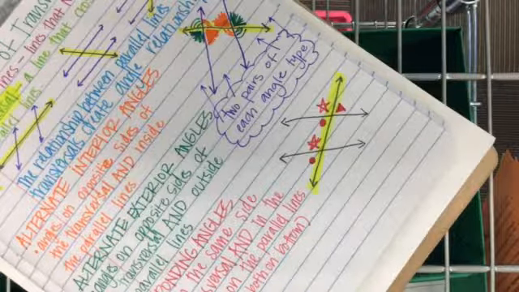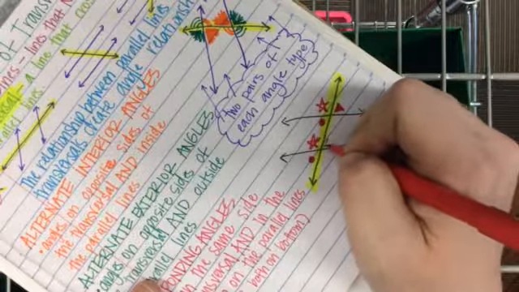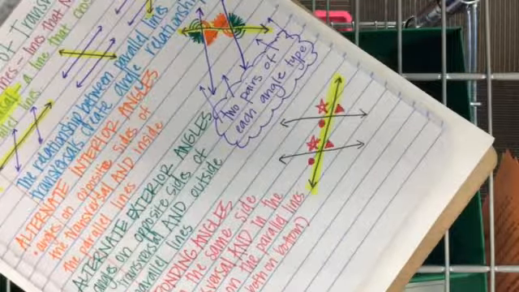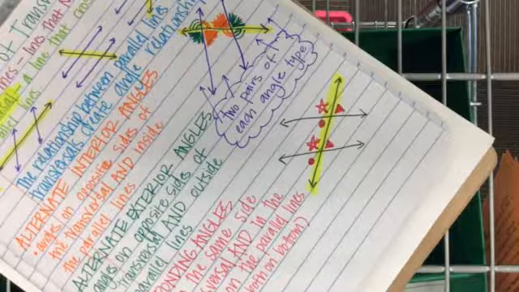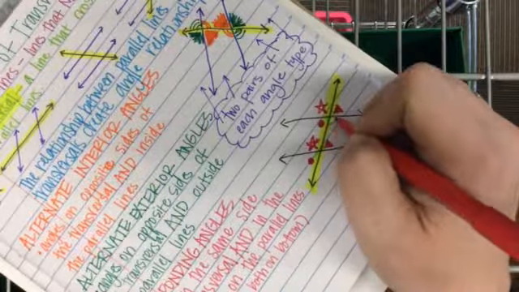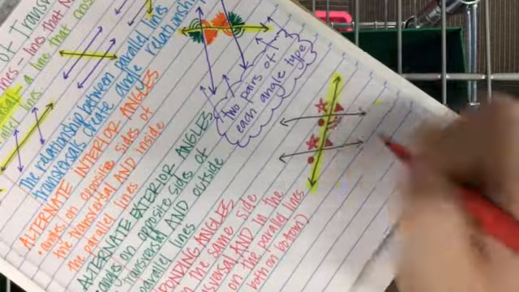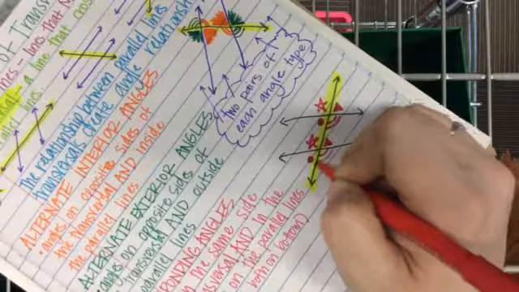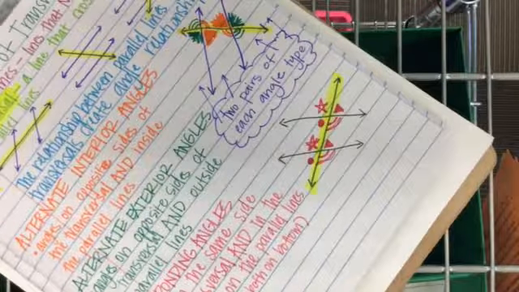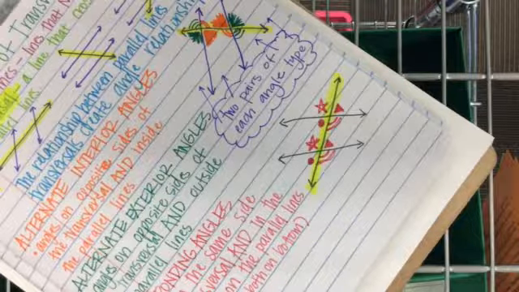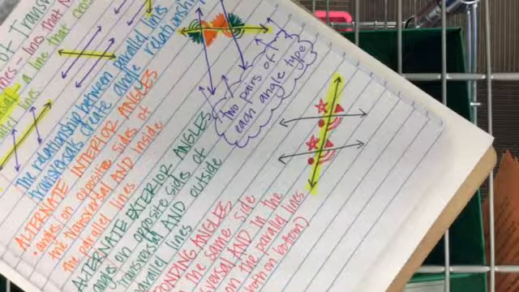So its buddy is on the right side and on top of the other parallel. Last but not least, this guy and there are a lot of corresponding angles, aren't there? Yes. It's crazy.